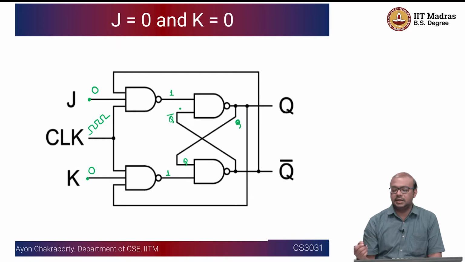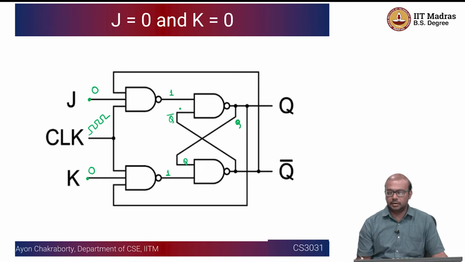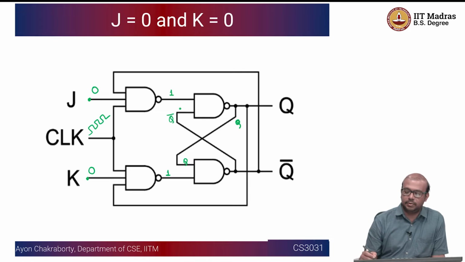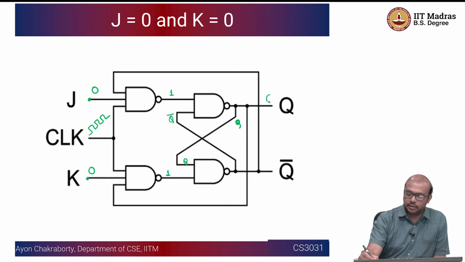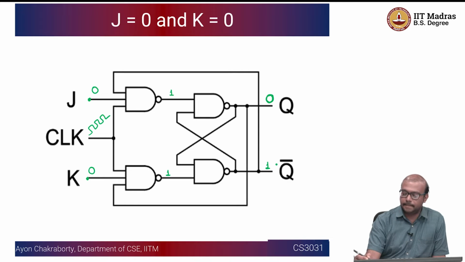Now you can take any values and test out what is going to happen. Let us say we have 0 here, which is Q equal to 0. I will not put too many things. Q is equal to 0, so Q bar is going to be equal to 1.